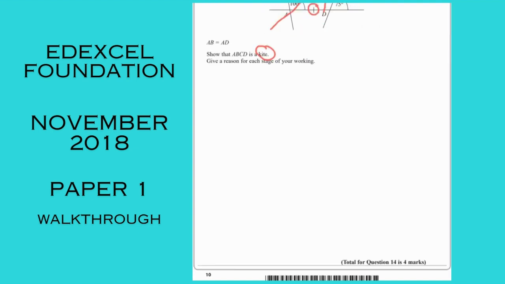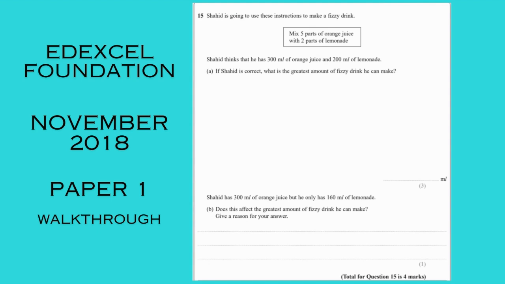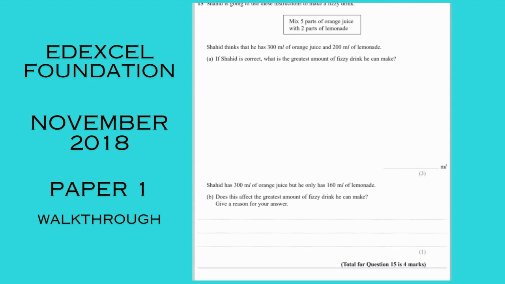On to the next one, number 15. So again, overly complicated, very wordy. Don't let it get you. Organize your thoughts. Orange juice, 5 parts. Lemonade, 2 parts. Feel free to keep it as a ratio. He has 300 mils, so that is a multiplier of 60.